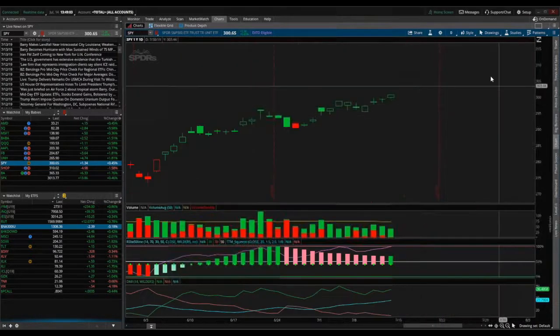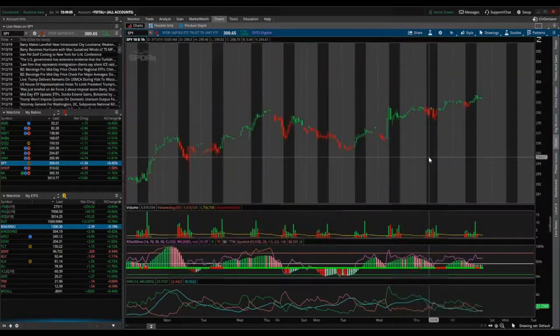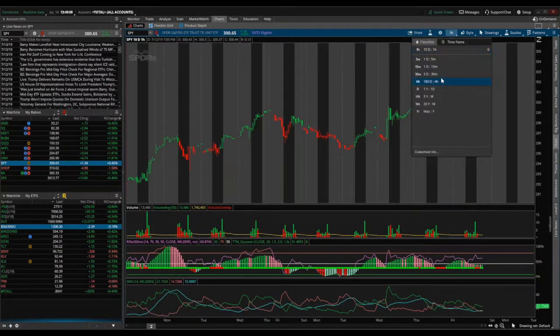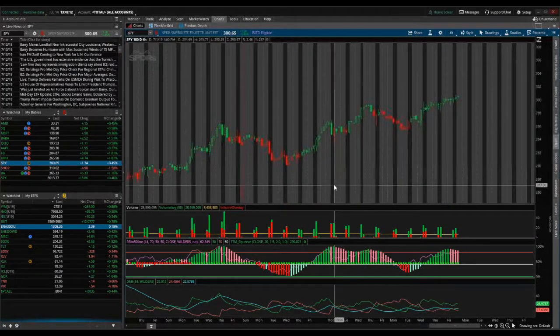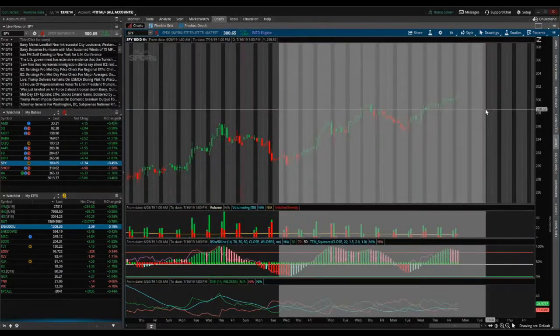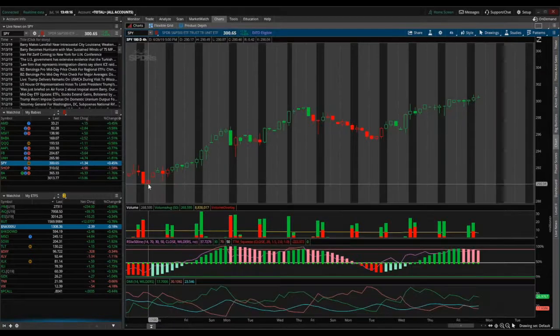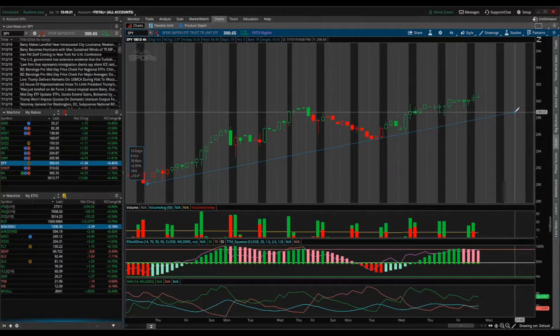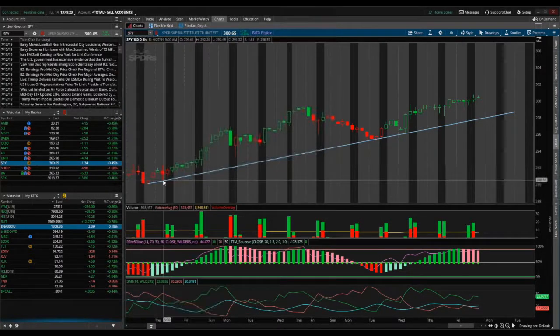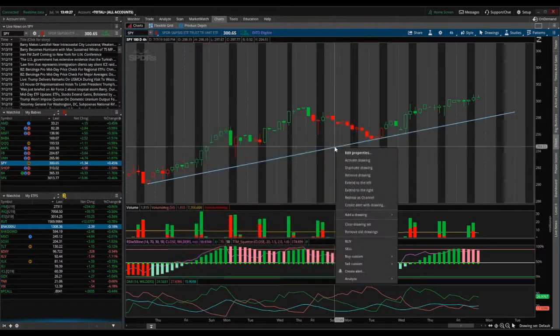So let's actually take it down to a lower time frame, like a 4 hour. Recently, what do we see? This section interests me. Recently, we can see that we've got some support here.